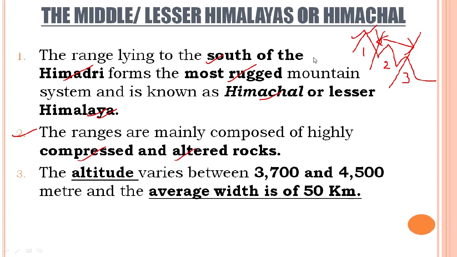You can also see that there is a huge mass of the greater Himalayas lying right above the lesser Himalayas, so this could be one of the possible reasons for the rocks to be compressed and altered. In point 3 we see that the altitude varies between 3700 and 4500 meters. In one of the previous lessons we learned that the average height is 4000 meters while the average width is 50 kilometers.